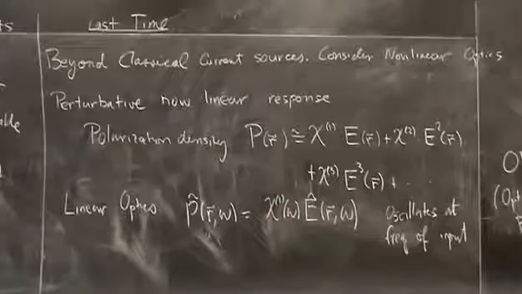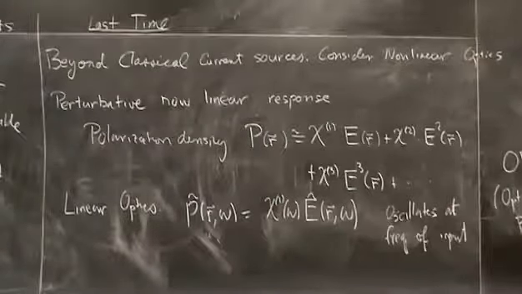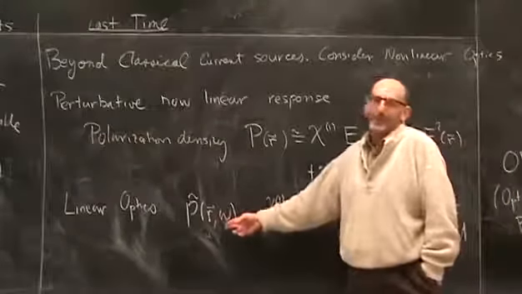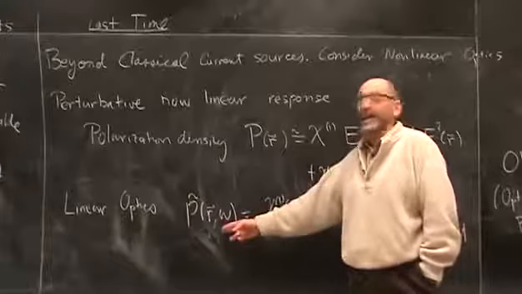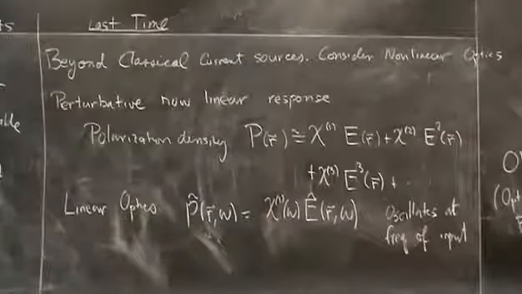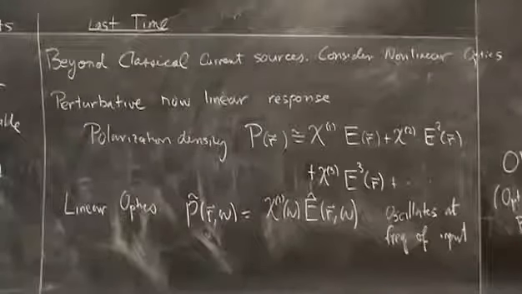If we go beyond, in that case, as we know, if you drive the system at frequency omega, it will, in steady state, radiate at omega. So in linear optics, you don't generate any new frequencies than were already present.